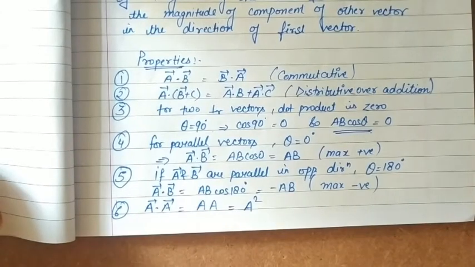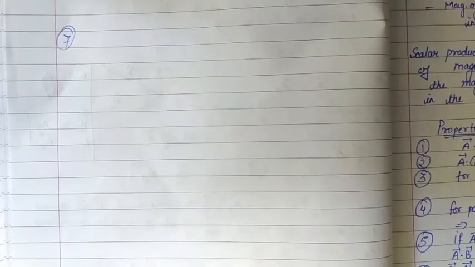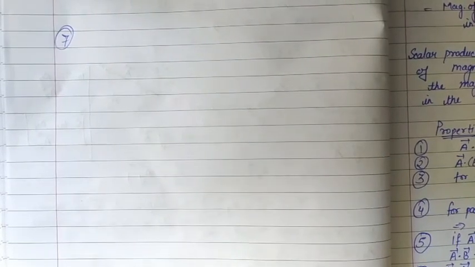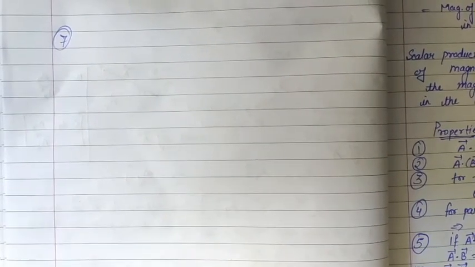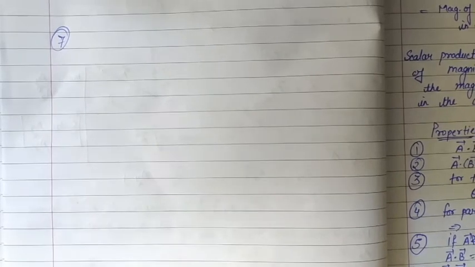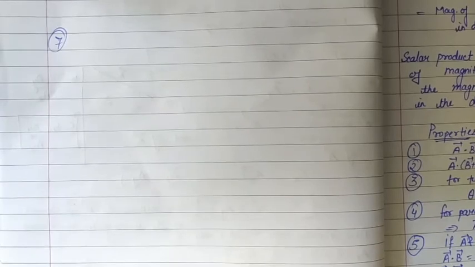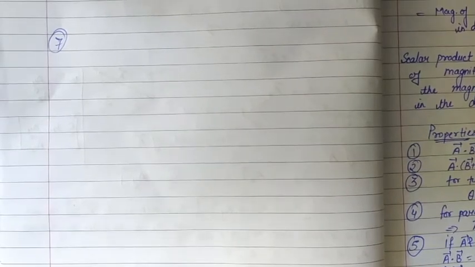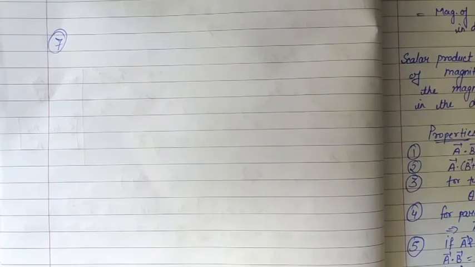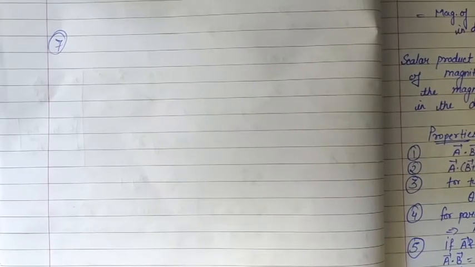Next property for scalar product is, the seventh property of a scalar product is that whenever we do scalar product of two similar base vectors, now base vectors means i cap, j cap, k cap, then in such case the scalar product is unity.